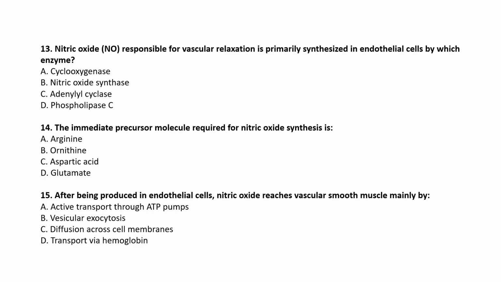So the correct answer is option C. It just diffuses across the cell membrane. It doesn't need any active transport, any transporters, GPCRs, uniport, antiport, doesn't need anything. It's just free diffusion across the cell membrane. That's why it's so potent, because it can also travel pretty far. So that's how nitric oxide gets to the vascular smooth muscle.